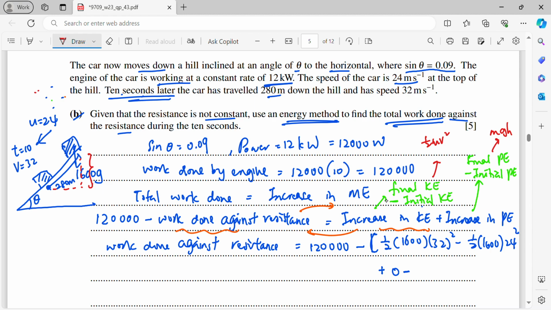That means I need to resolve this 280 meters vertically. This angle is not given, so I'm going to use theta. Therefore, this will be sine. When you resolve the 280, this length vertically, you get this as h.